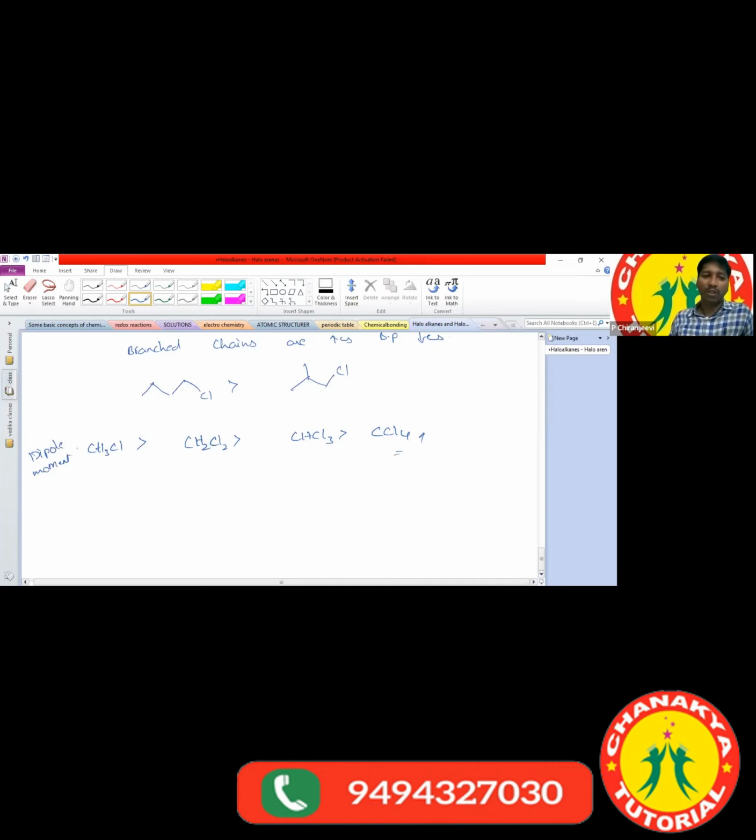So this is the question they also asked. The arrangement: chloromethane highest, then dichloromethane, then trichloromethane, then carbon tetrachloride. This is about the physical properties of haloalkanes and haloarenes, and we'll see the chemical properties tomorrow.